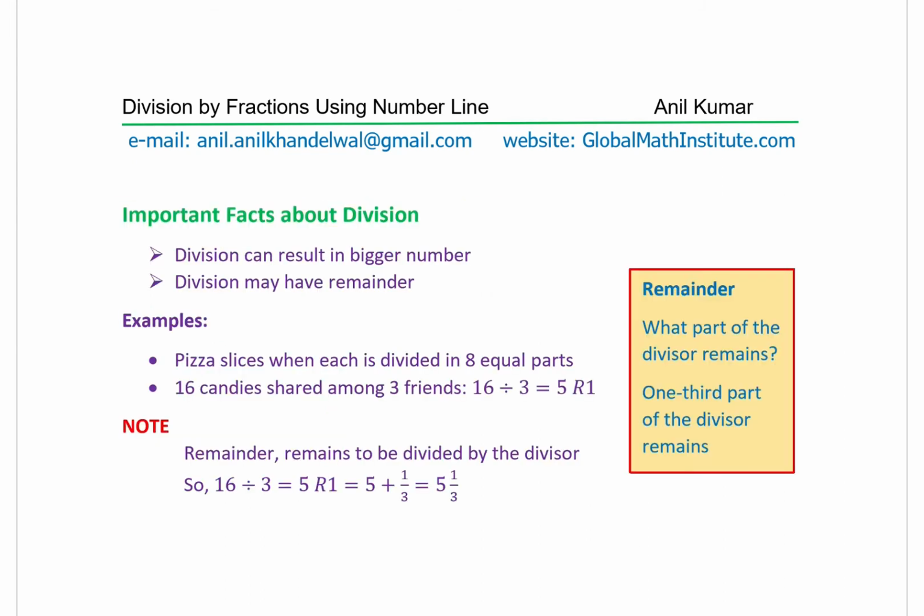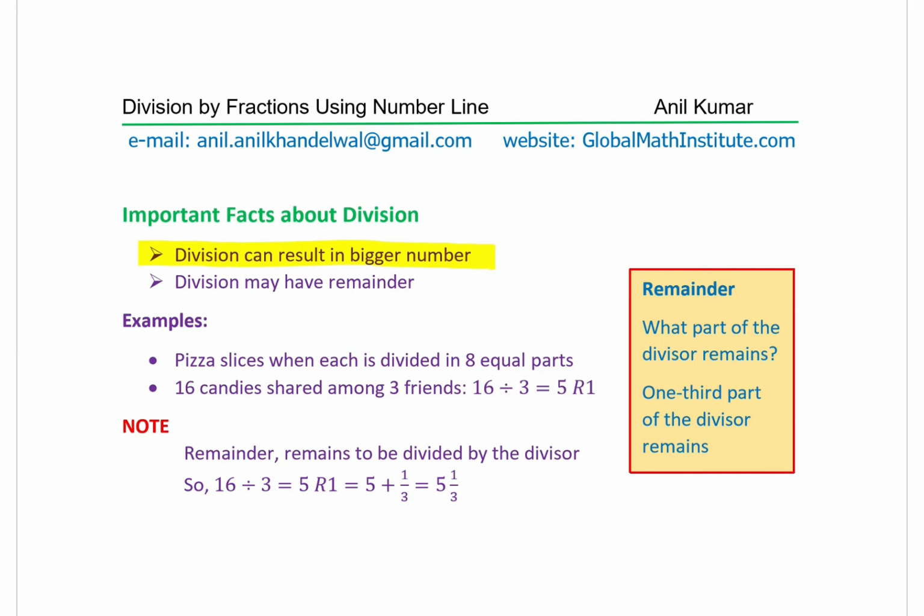Now here are some more important facts about division, which are kind of related to what we talked about. Division can result in bigger numbers. Now, this is sometimes a very difficult concept for students to understand. When you divide, the numbers may increase. Well, how? Can you give me an example?